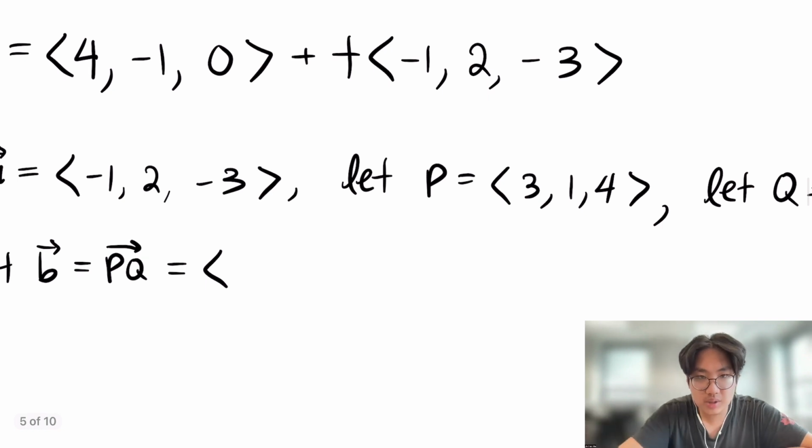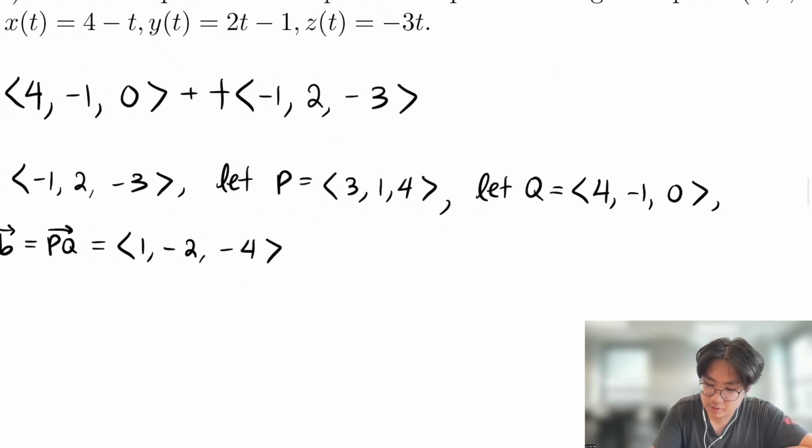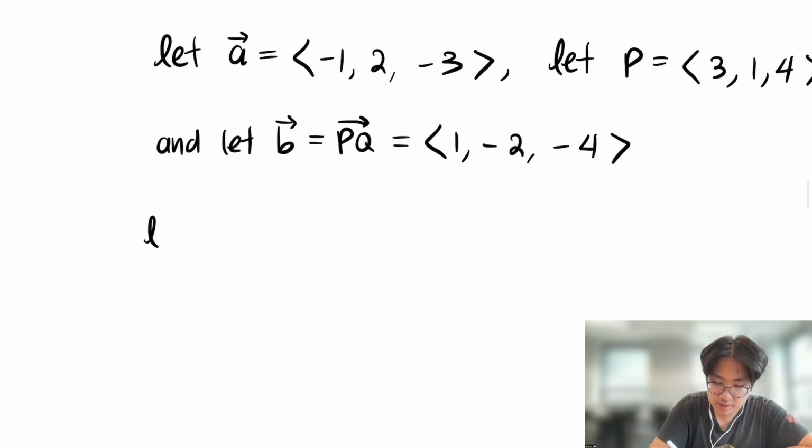And that will get you 1, -2, -4. So 4 minus 3 gets you your 1, -1 minus 1 gets you your -2, and 0 minus 4 gets you your -4.